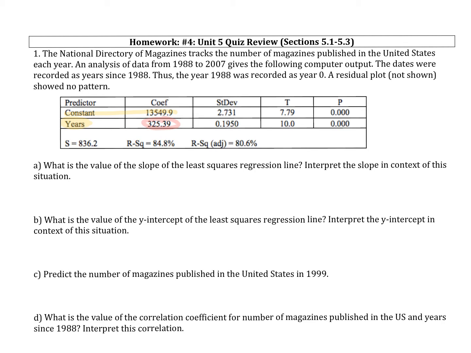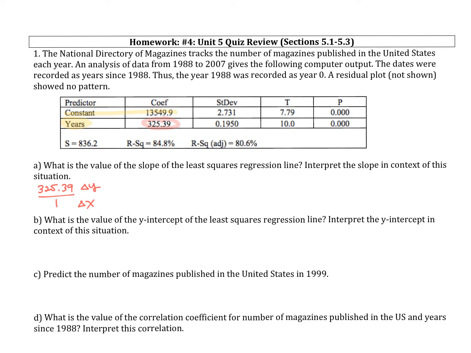So what is the value of the slope of the least squares regression line? That is 325.39 over 1. And remember, your slope is the change in y over the change in x. So you kind of have to look for the context of the problem here. And we're saying that the years is a result of the number of magazines being published.